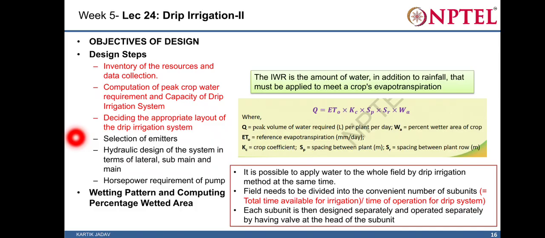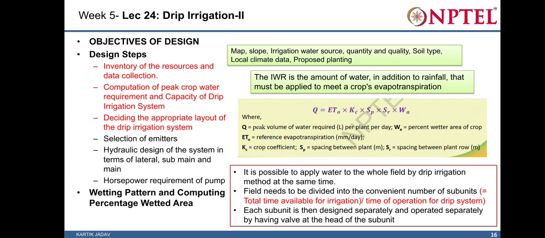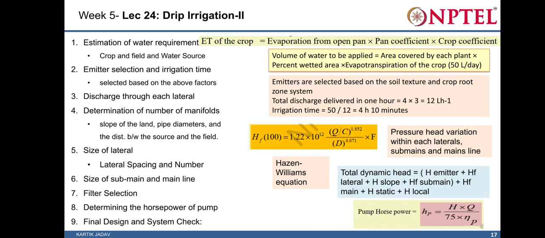Then we need to select the number of emitters, again based on crop water requirement, crop root zone depth, and how it is going to spread during its growth stage. Then the hydraulic design of the system, in which we need to decide discharge, length, everything, and then the pump horsepower requirement. Combining all this, we can design the drip irrigation system very efficiently.